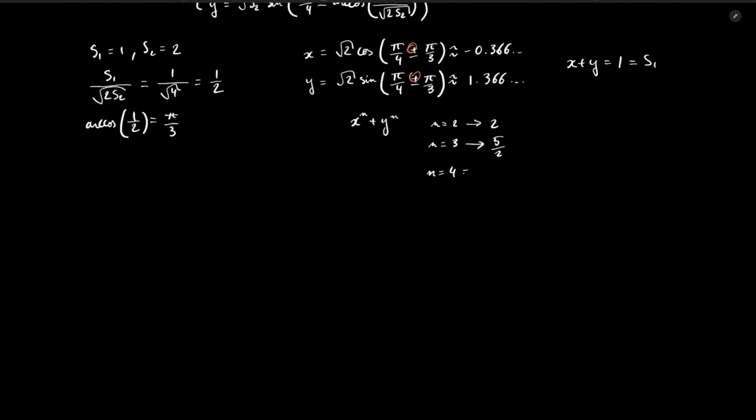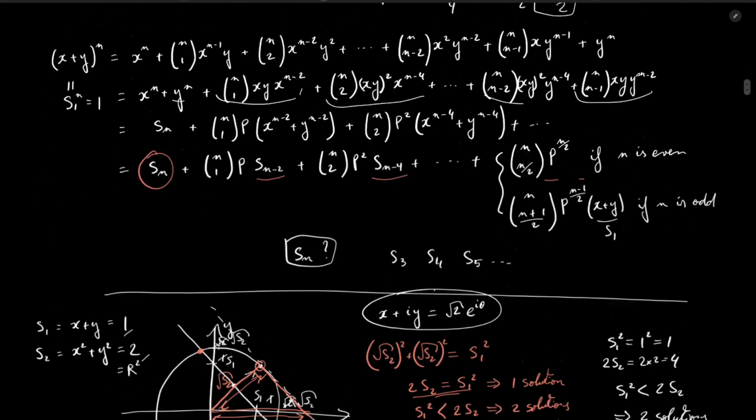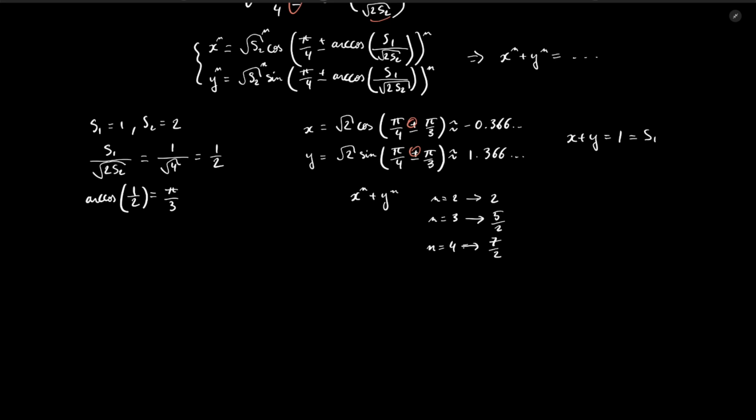And for n equal to 4, you would have S4 equal to 7 over 2. So what is interesting here is that although we have very irrational numbers for the values of x and y, the value of x^n plus y^n seems to always be a rational value. And we can actually prove by induction that for any value of n, x to the power of n plus y to the power of n will be a rational number. So how do we actually prove this?